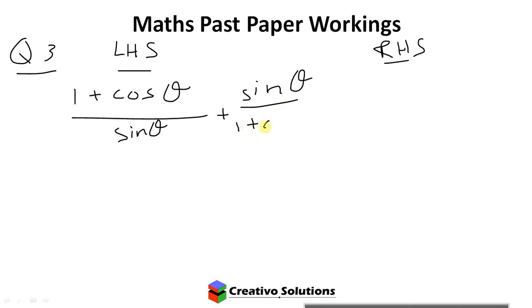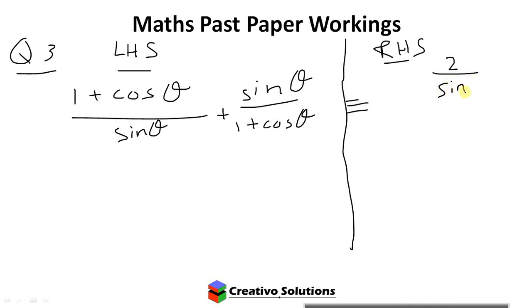1 plus cos theta equals 2 over sine theta. That's the left-hand side, and that's the right-hand side. Is there anything I can do on the right-hand side to simplify that? No. 2 over sine theta is the simplest expression you can get.